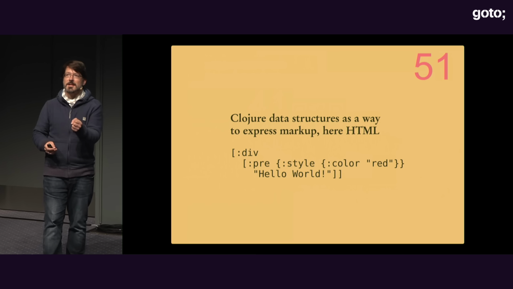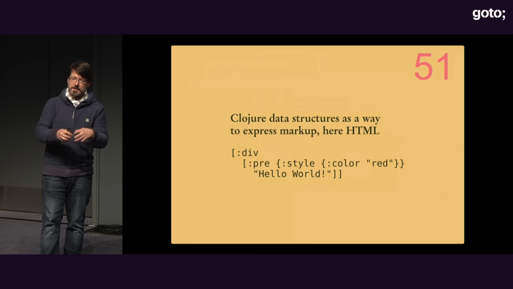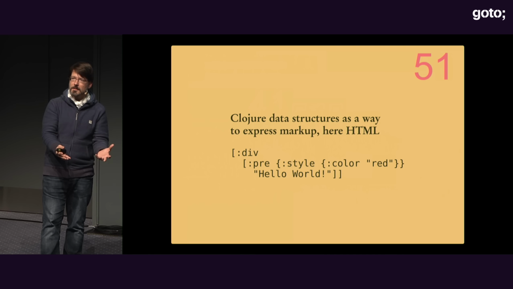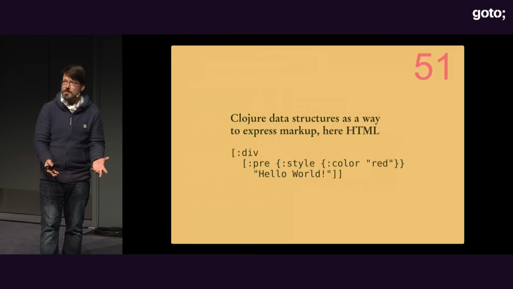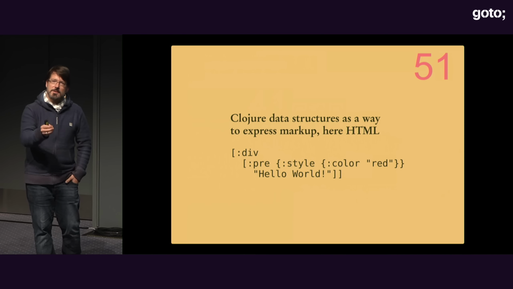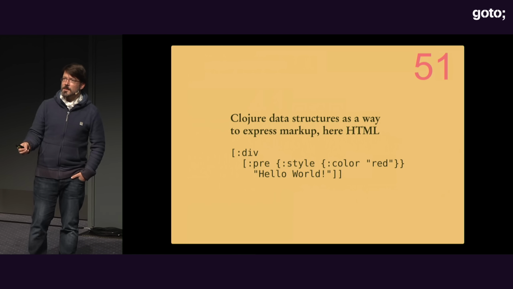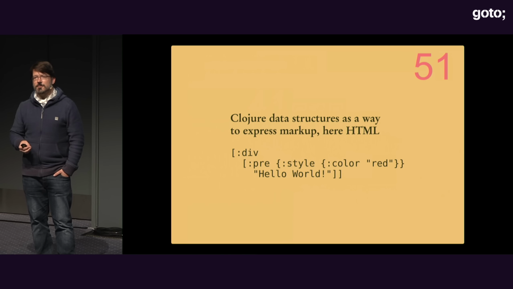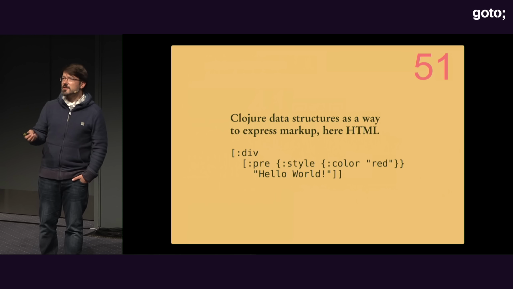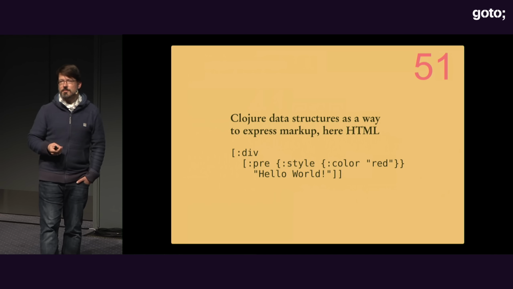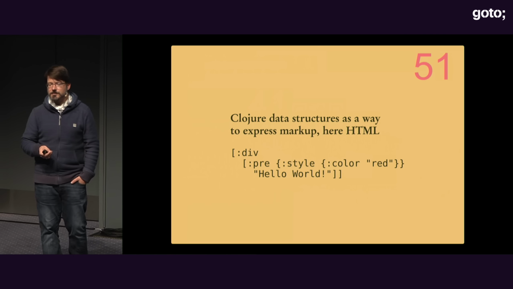You can use that in the back end to have the template for the website you want to serve. But you can also use that in the front end. And in the context of a reactive front-end framework like React, this essentially replaces JSX.